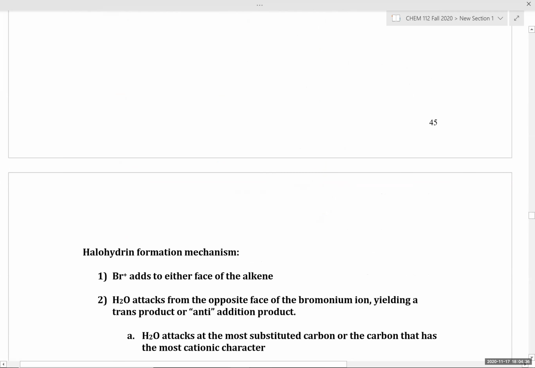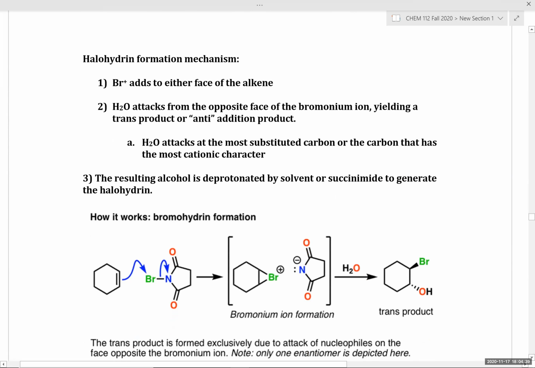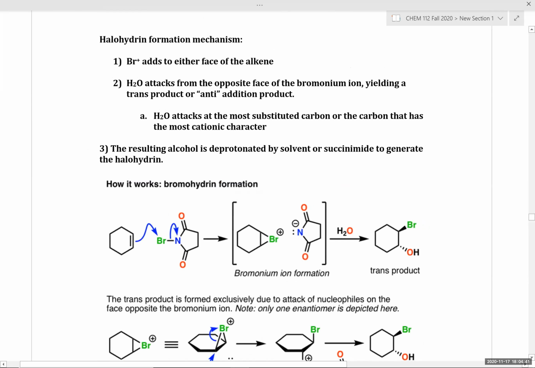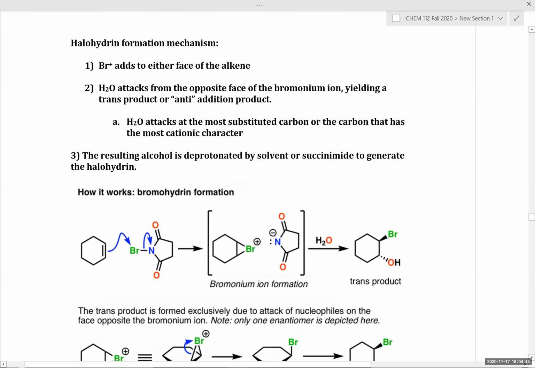Okay, so let's talk a little bit about the mechanism for this. We have our Br+ equivalent, and it can add to either face of the alkene in most cases. That in turn means, as a result, we typically see a mixture of enantiomers.